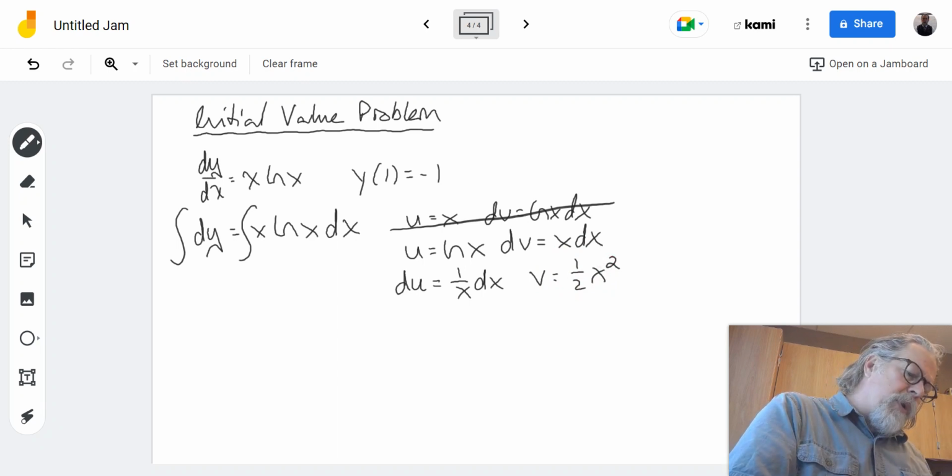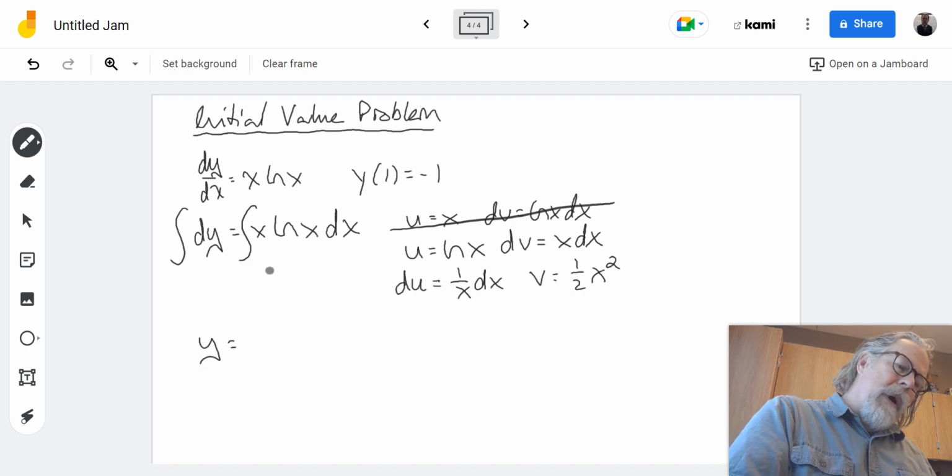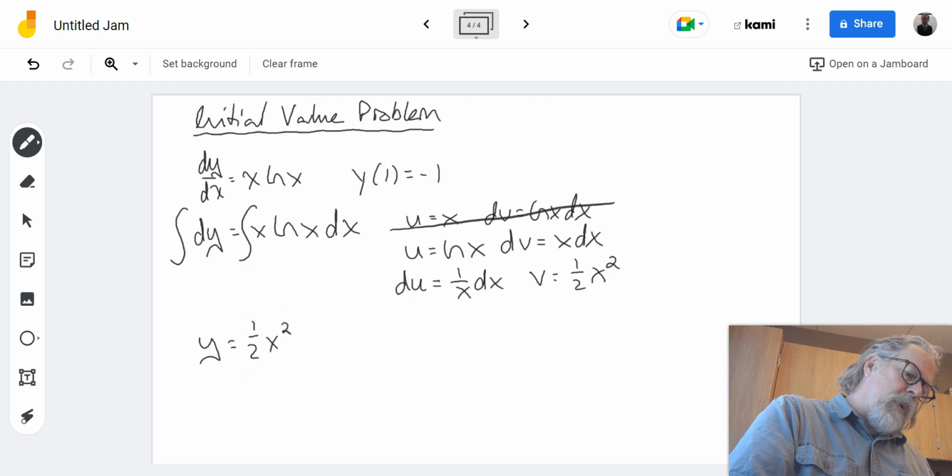And so my parts gives me y is equal to u v, 1/2 x squared natural log of x, minus the integral of v du. So that's 1/2 x squared times 1 over x, so that's just 1/2 x dx.